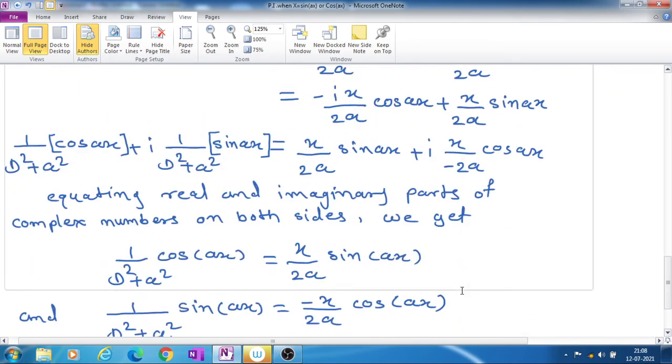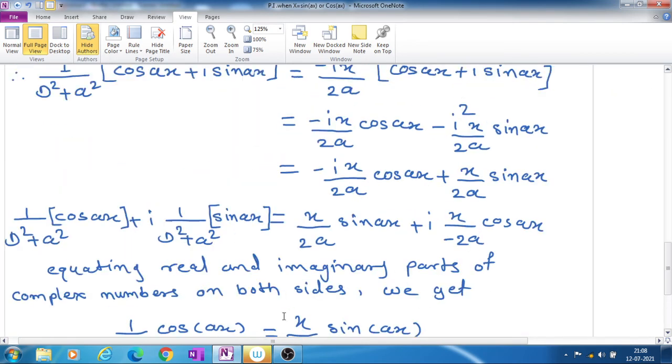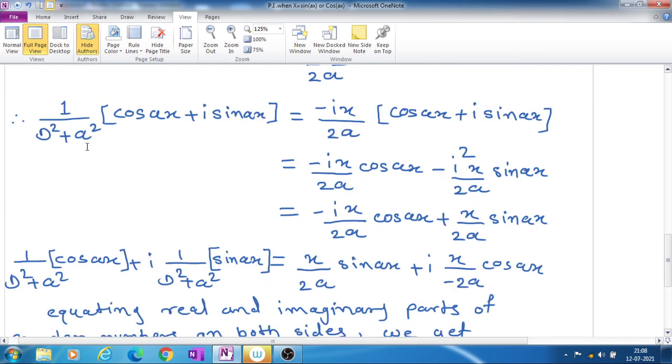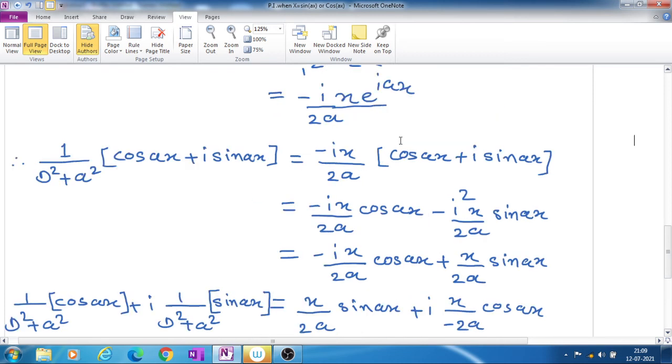So we have the value 1 upon D square plus a square, cos ax plus i into sin ax, is equal to minus i upon 2a x e raised to iax. Now we put the value of this e raised to iax, which is here also, that is cos ax plus i sin ax.